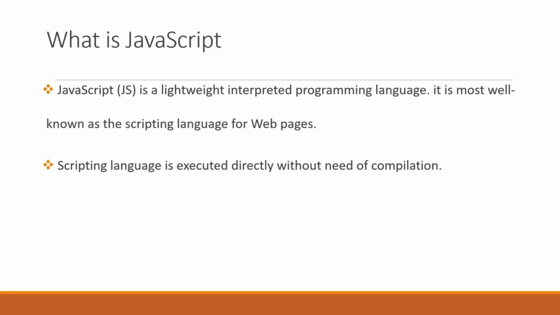You will not need to compile the scripting language. If we take other programming languages, to run those programs, we first need to compile it, then only we can run it. But if we take a scripting language, we don't need to compile it. We can directly run the JavaScript program.